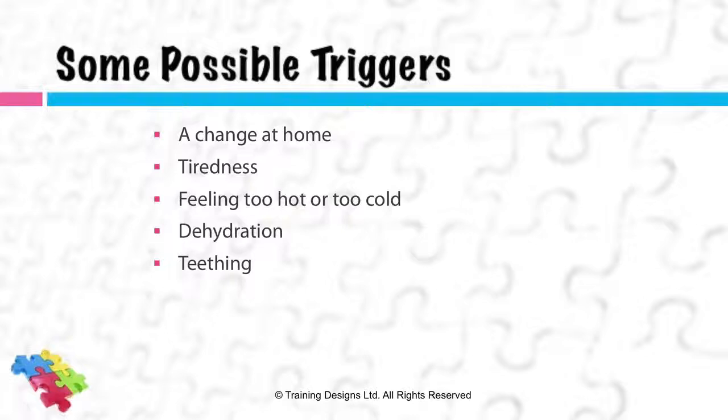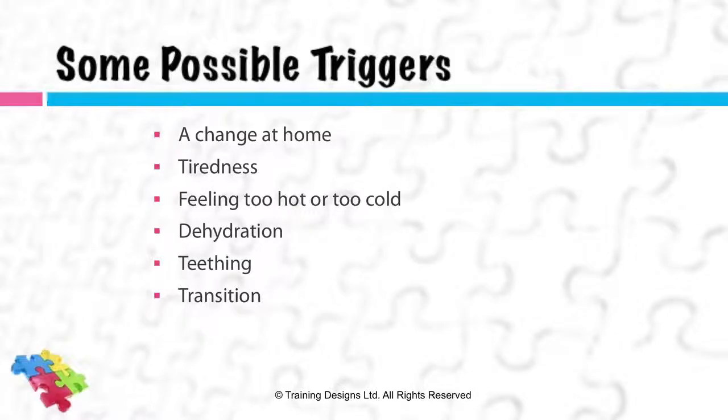And teething. Babies and toddlers can become quite fretful when teething and can be in some pain, so bear this in mind. Note that biting may be seen as normal when a child is teething. However, this will be covered in more detail in Unit 4. Transition can include moving rooms in a nursery, starting with a new childminder, or moving on to school.